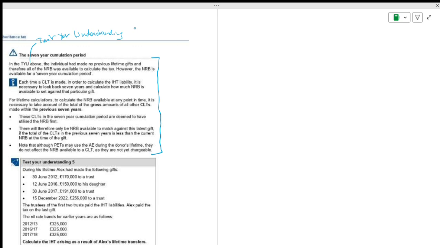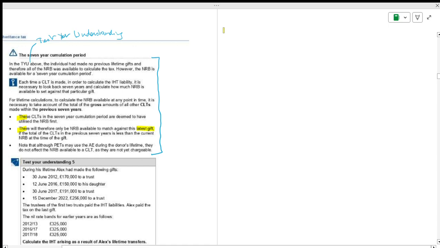The CLTs in the 7 years, this is very important. These CLTs in the 7-year accumulation period are deemed to have utilized the NRB first. There will therefore only be the remaining NRB available to match against the latest gift.